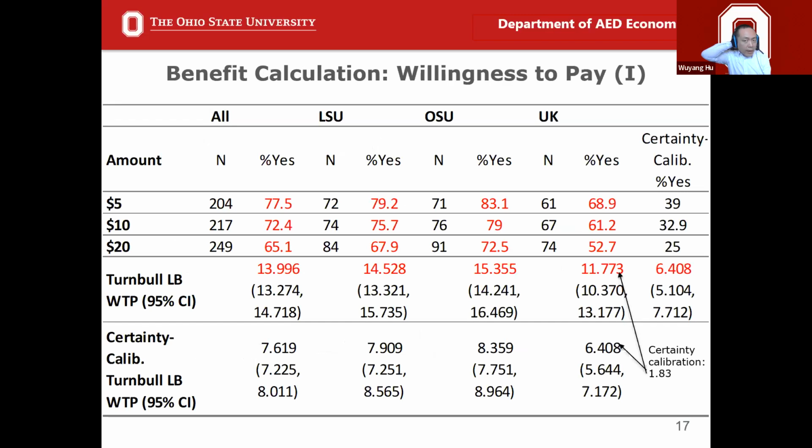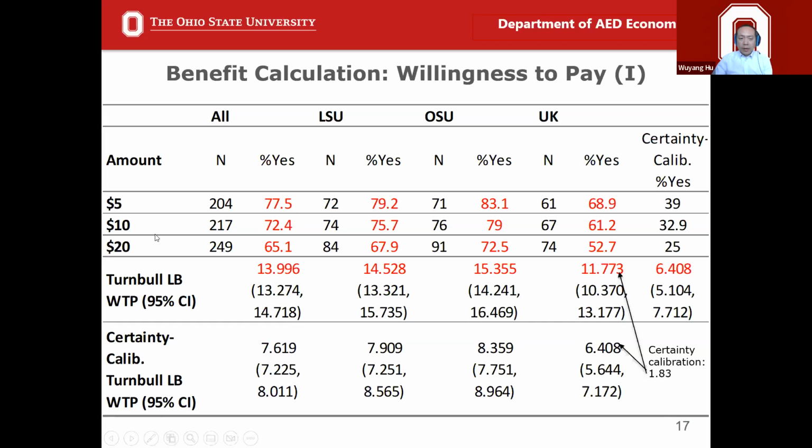First, remember we randomly assign people to the $5, $10, and $20 fee scenario. If people see $5, looking at this overall sample, 77% of people say yes, saying that in the future, I'm willing to pay $5 more in my fee to the university so the university can engage in bee campus certification.